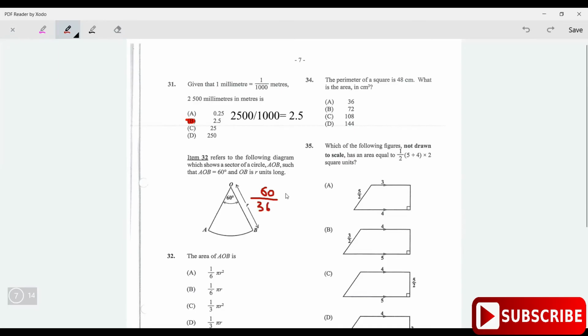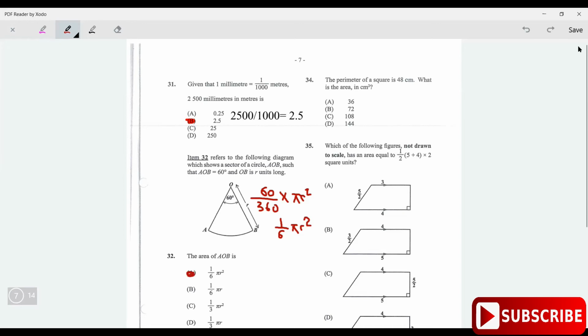So theta is 60, so it's 60 over 360 times pi r squared. But 60 over 360 is 1 over 6. That's then 1 over 6 pi r squared, which is option A.